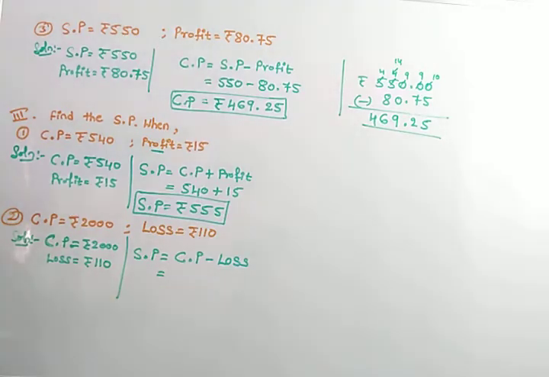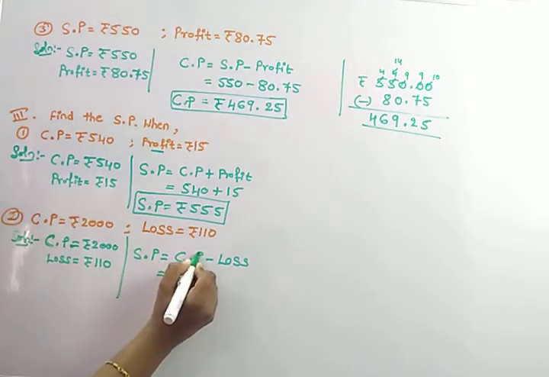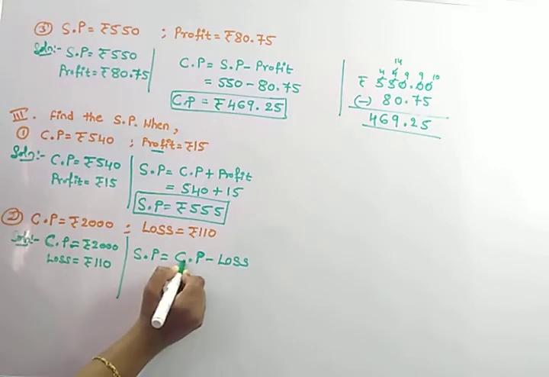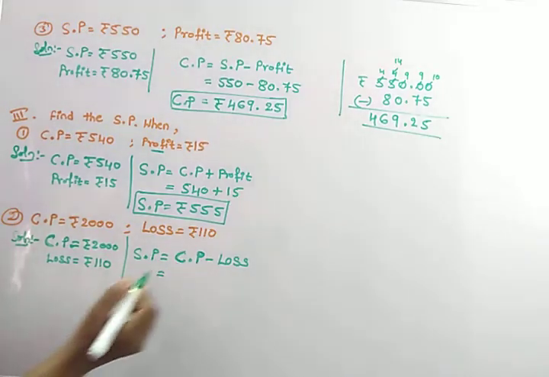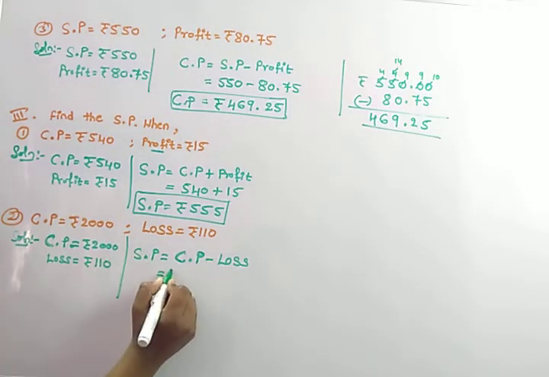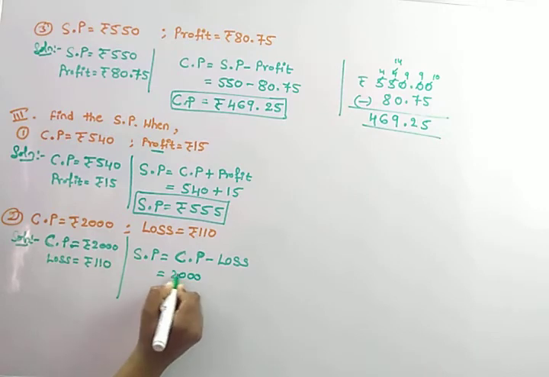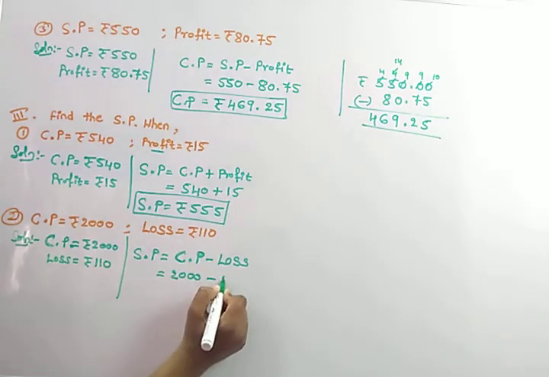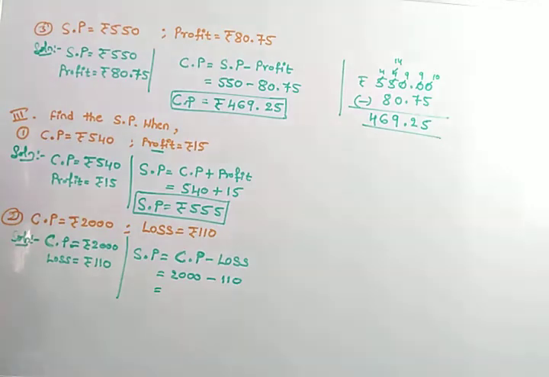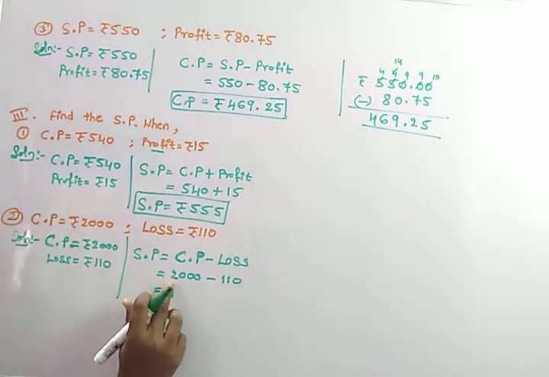We need to remember all the formulas, then only we can write this. So now CP, the cost price is 2000 rupees minus the loss 110 rupees. We can subtract directly. So 2000 minus 110 is equal to 1890.